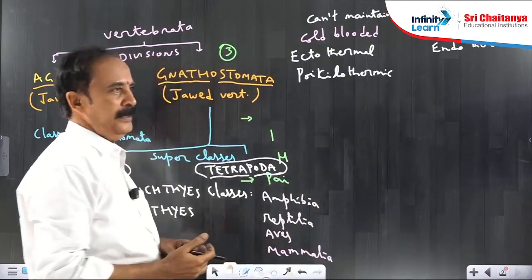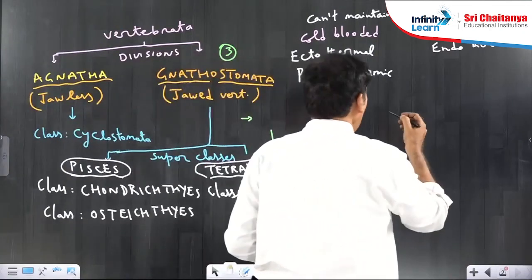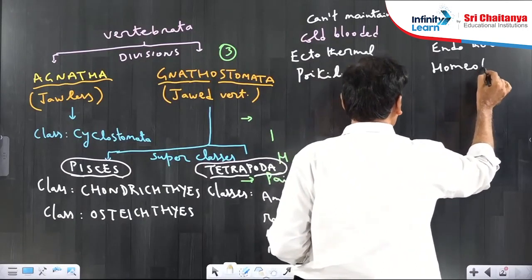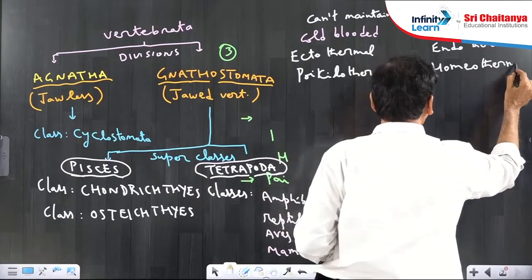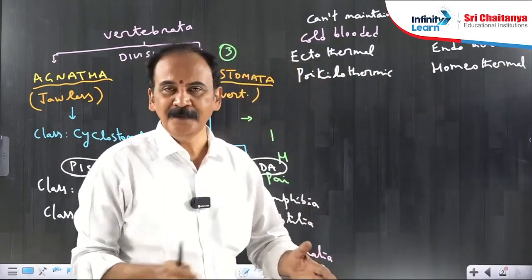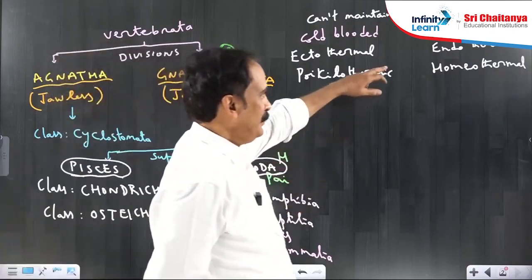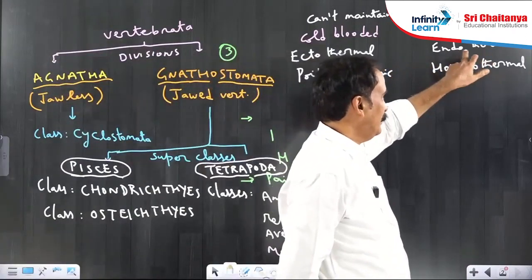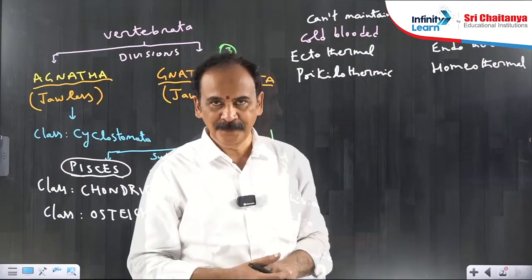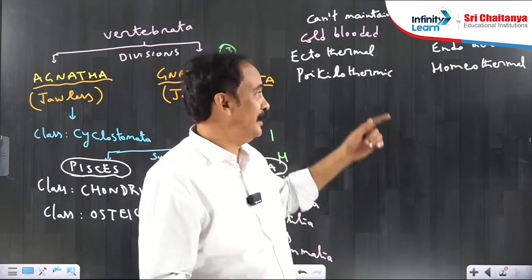Cold-blooded animals are also called poikilothermic animals. Warm-blooded can also be referred to as homeothermic animals or homeothermal animals. The temperature remains same, temperature remains constant. Endo means inside, therma means heat. They generate heat from inside, they don't derive heat from outside. We maintain our own temperature by spending some energy, we generate heat.